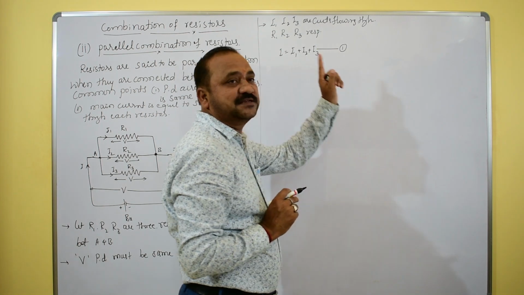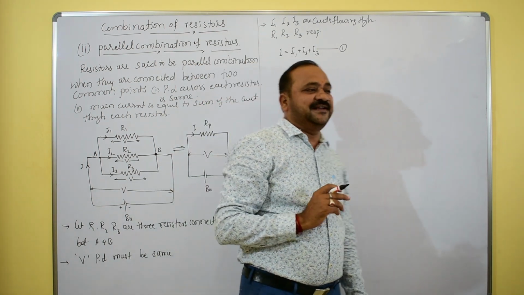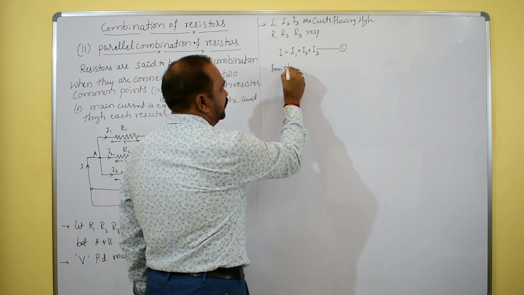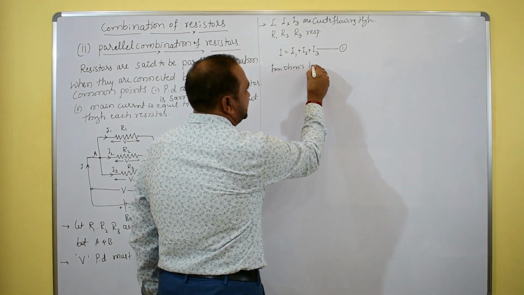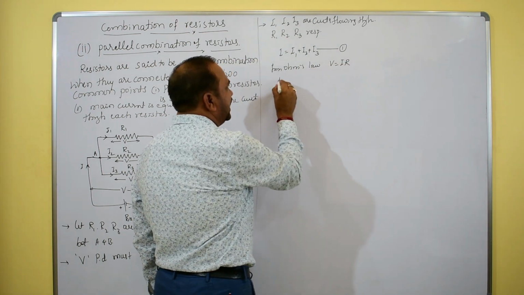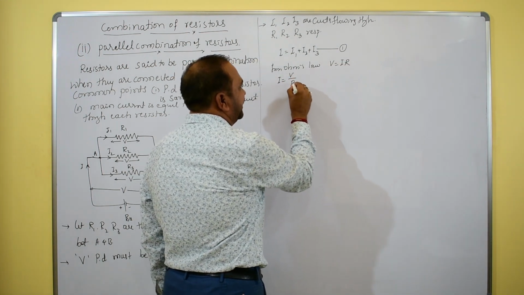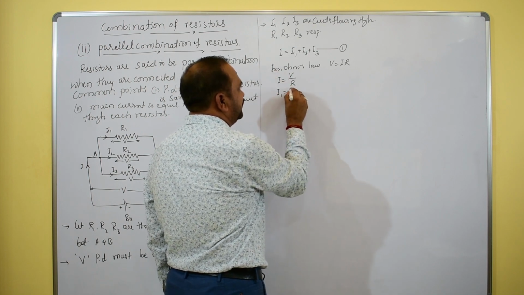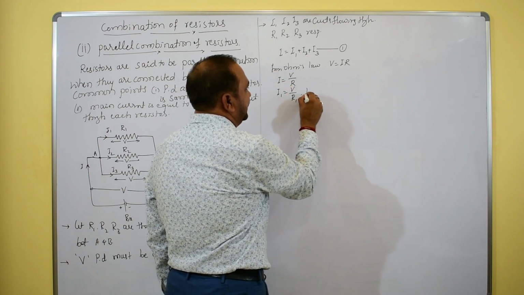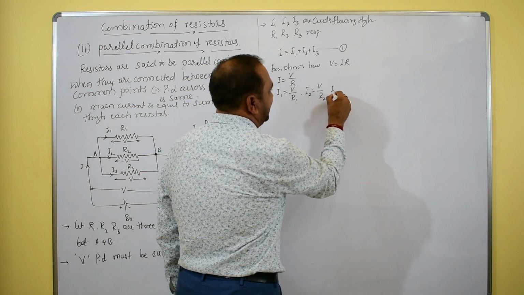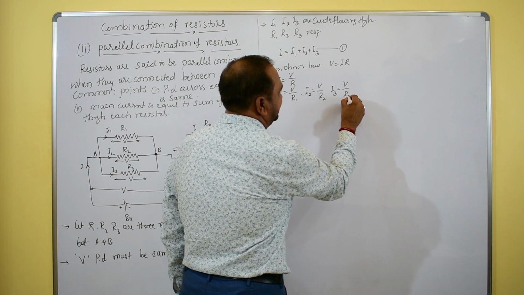So I equals I1 plus I2 plus I3. From Ohm's law, V equals I into R, so I equals V by R. So I1 equals V by R1, I2 equals V by R2, I3 equals V by R3.